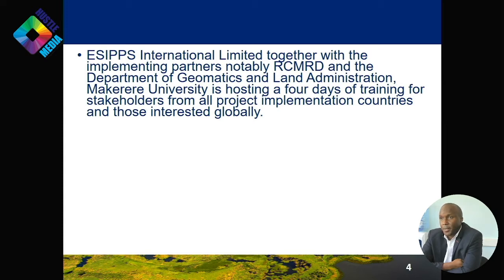We have participants from India, we have participants from Pakistan, and of course across the Africa continent. It will be running for 4 days, basically from 2 p.m. to 5 p.m. every day.